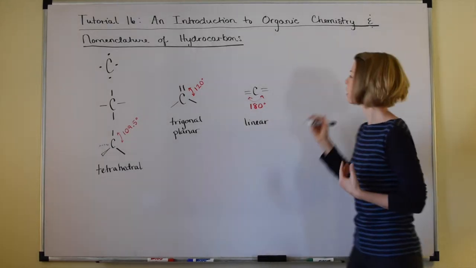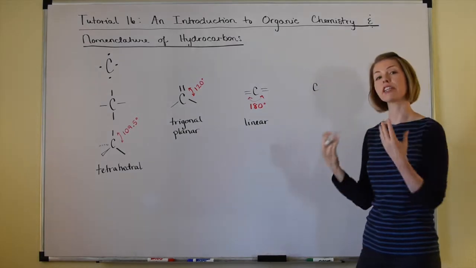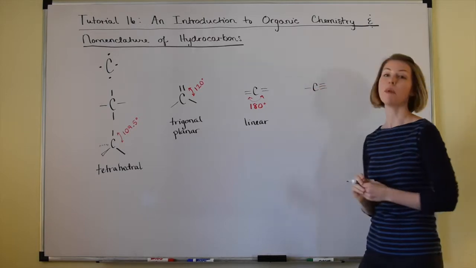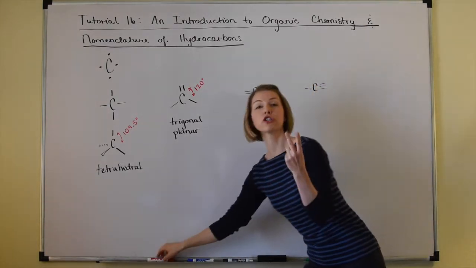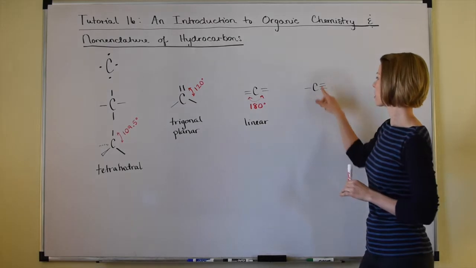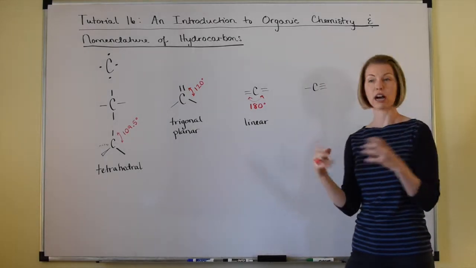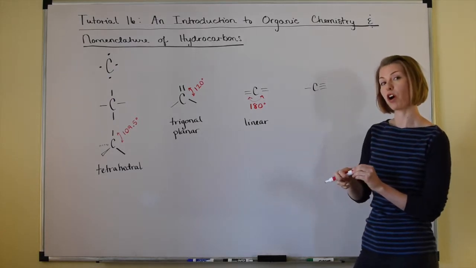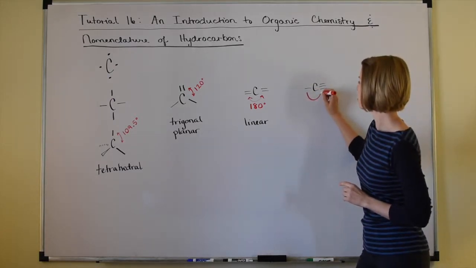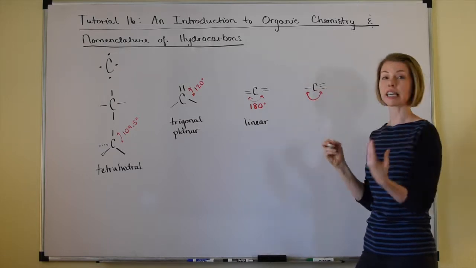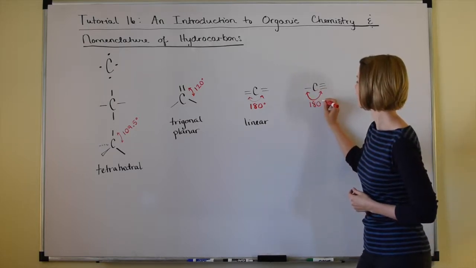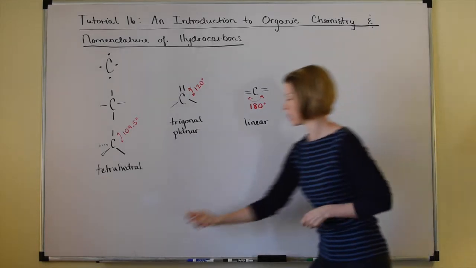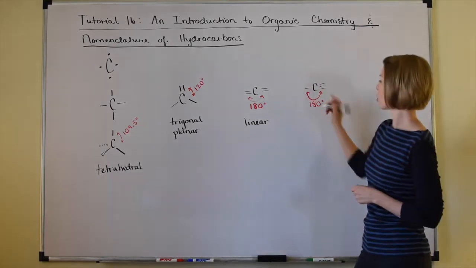And finally, carbon can share its 4 valence electrons in a triple and a single bond. Again, 2 charge clouds. The triple bond counts as 1 charge cloud and the single bond counts as a charge cloud. Maximum distance apart in three-dimensional space that those 2 charge clouds can be, again, is 180 degrees, leading to a linear molecular geometry about that carbon atom.